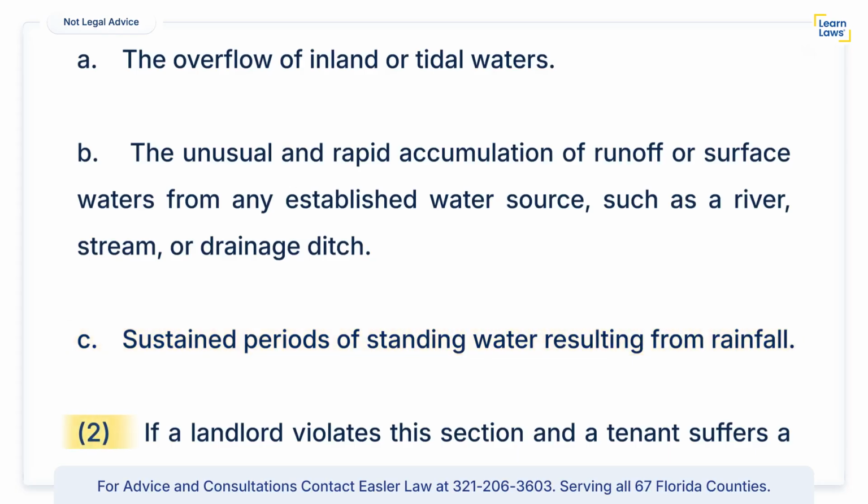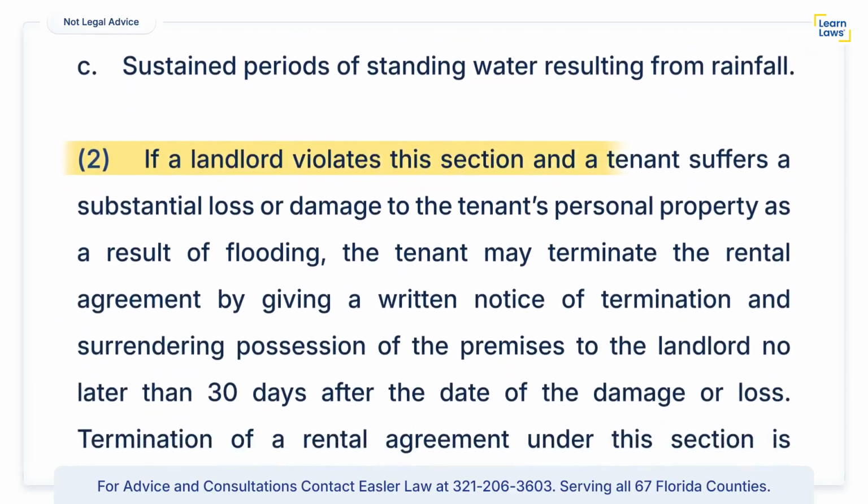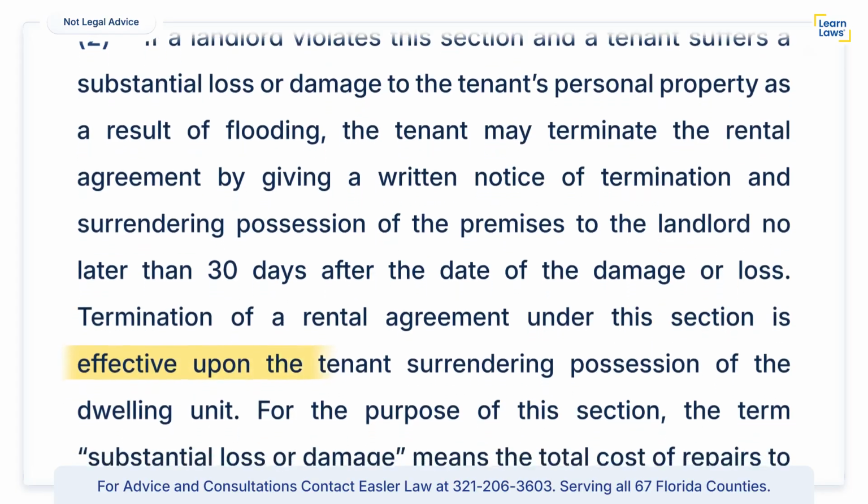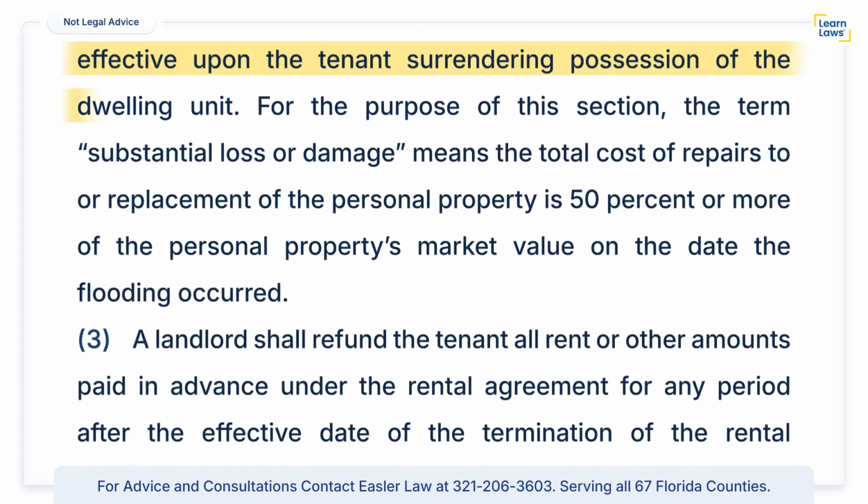2. If a landlord violates this section and a tenant suffers a substantial loss or damage to the tenant's personal property as a result of flooding, the tenant may terminate the rental agreement by giving a written notice of termination and surrendering possession of the premises to the landlord no later than 30 days after the date of the damage or loss. Termination of a rental agreement under this section is effective upon the tenant surrendering possession of the dwelling unit.